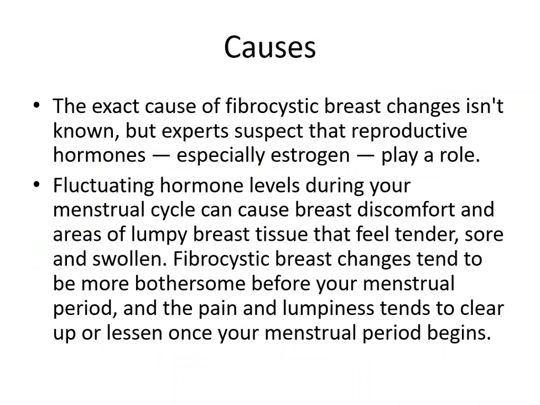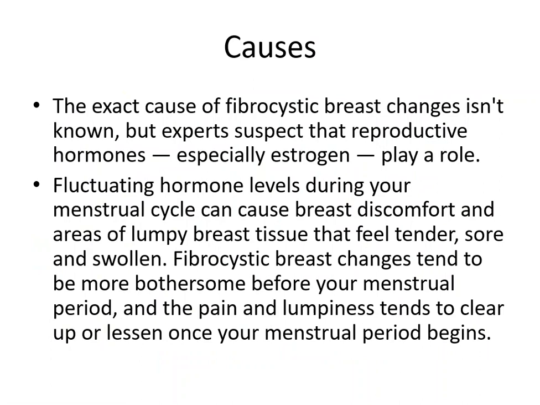Causes: the exact cause of fibrocystic breast changes is not known, but some experts suspect that the reproductive hormones, especially estrogen, play a major role. This cause is the same as in the breast cyst, that is excess level of estrogen. Fluctuating hormone level means there is alteration in the hormone level during the menstrual cycle.